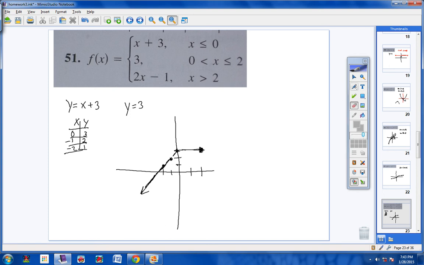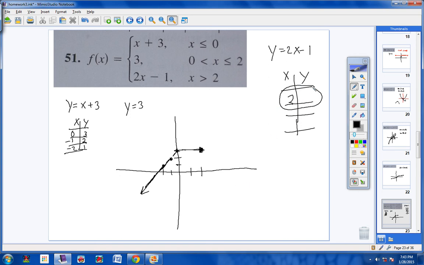And then lastly, we have y equals 2x minus 1, and the only thing we can use are values greater than 2. So I'm going to go ahead and put 2 in here, even though I'm not supposed to, because that'll show me where this graph goes right up until I get to 2. I'm going to circle it to remind me that it's undefined.